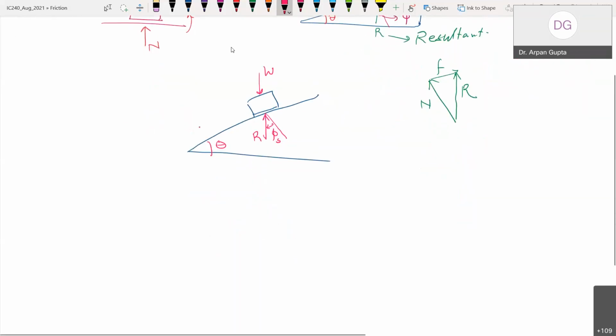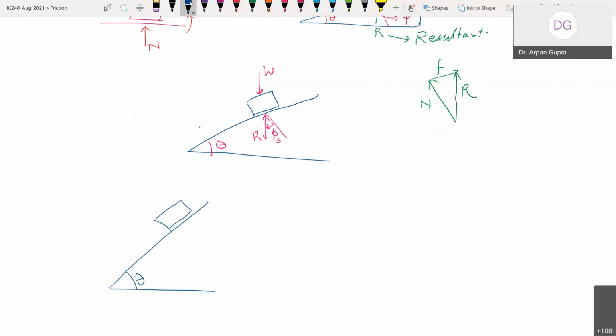If I further increase theta to a very large value, here is the block, this is weight W, and this is the normal line, normal to the surface, and the resultant R is at most phi s. So the resultant can go only up to phi s.